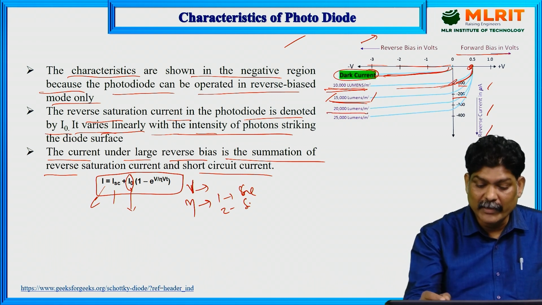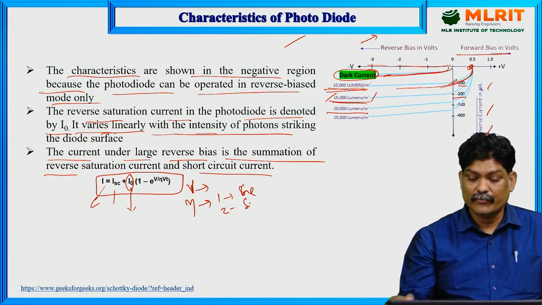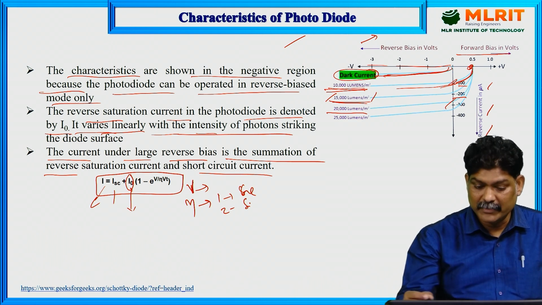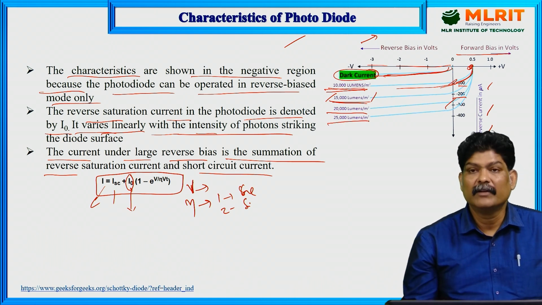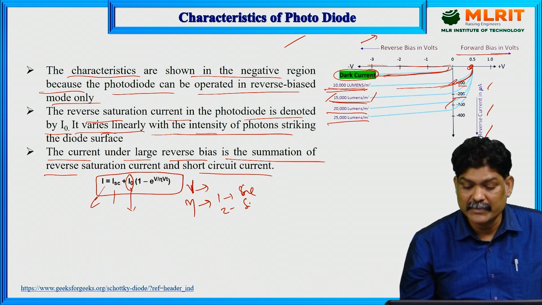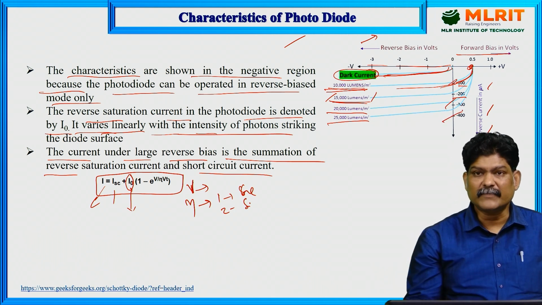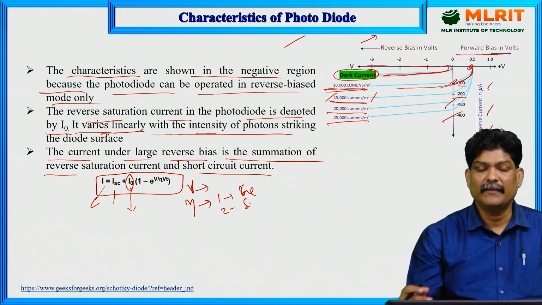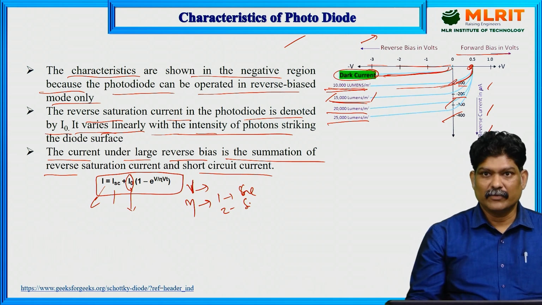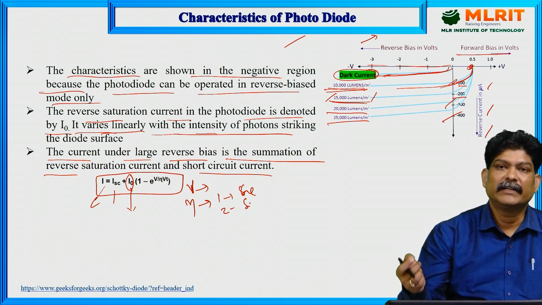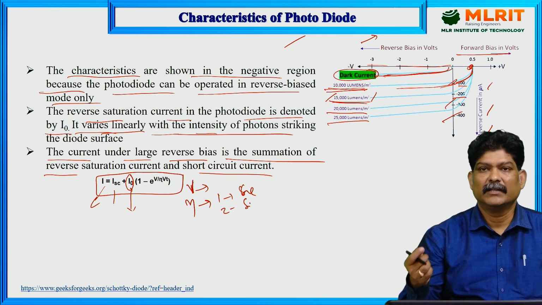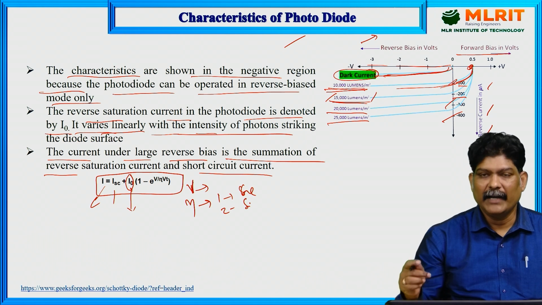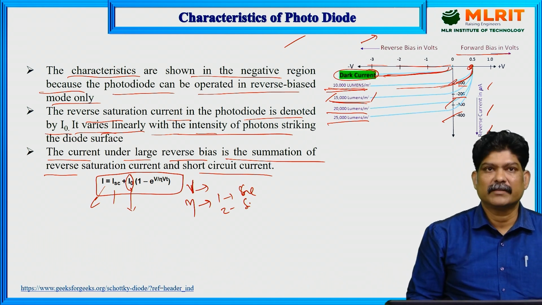Similarly, for 20,000 lumens per meter square, the current increases to minus 300 microamperes. And for 25,000 lumens per meter square, it will be above minus 300 microamperes. So these are the characteristics of the diode. The current increases depending upon the intensity of the light that strikes the photodiode surface.